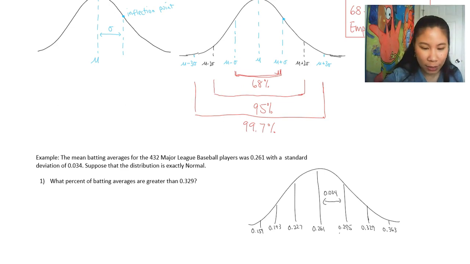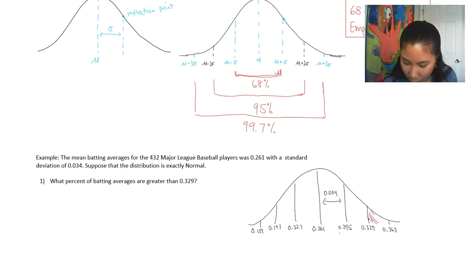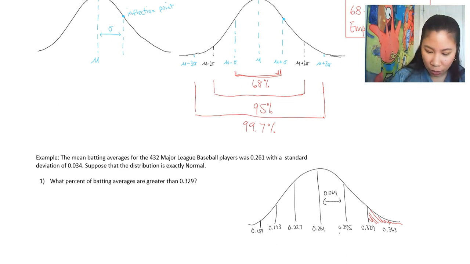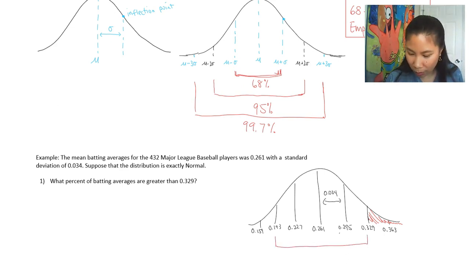So at this point, they're asking us for the percentage of batting averages that are greater than 0.329. So I can see 0.329 right here, and they're asking for this area then. So every single time I'm going to draw my picture and shade just so I can see visually where I'm trying to find the area. So this is when I want to use the empirical rule, because I see that the 0.329 is 2 standard deviations away from the mean, because I had to go 2 lines over. I know right in the middle of the 2 standard deviations away is supposed to be 95%, according to the empirical rule.